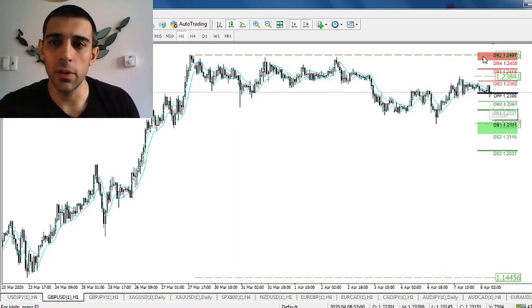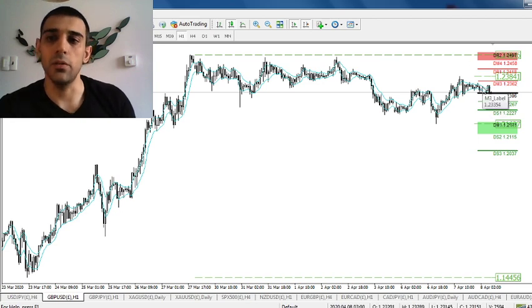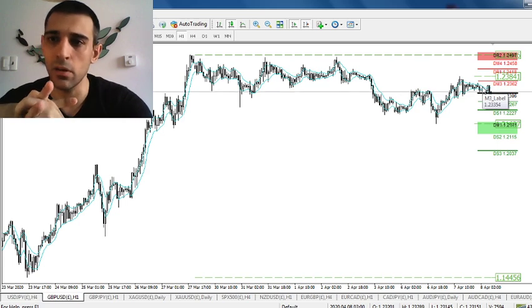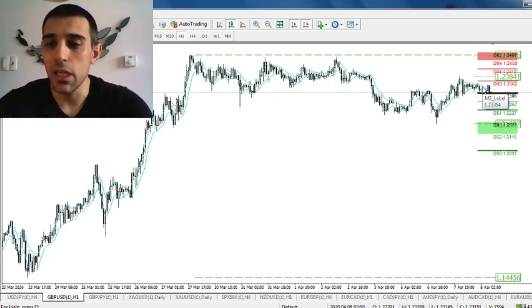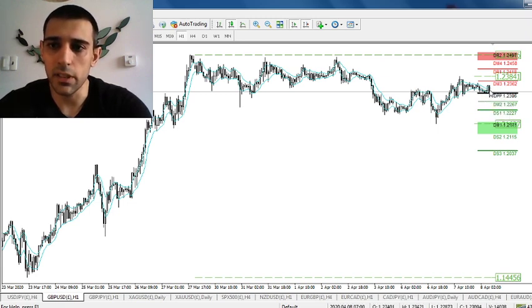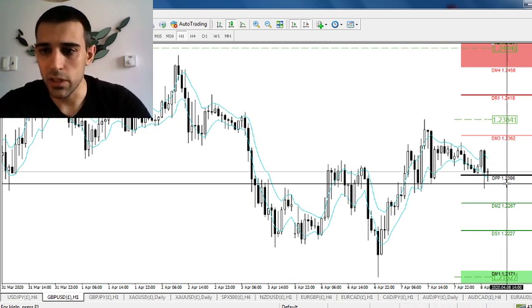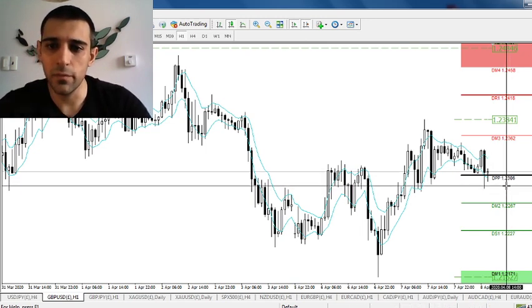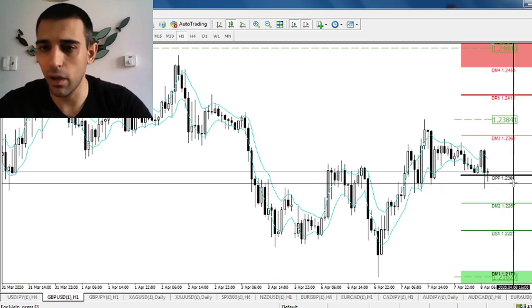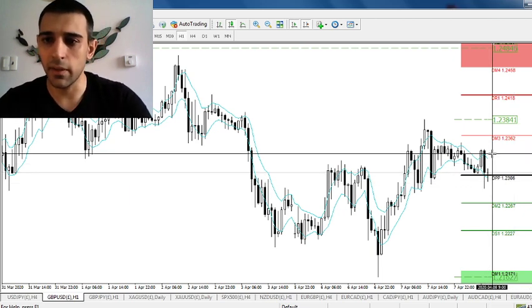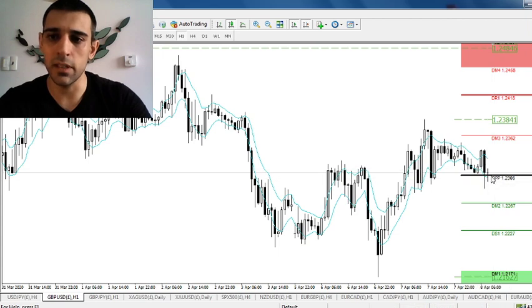Then I'll be looking to go to the long side if it demonstrates enough strength, but for now it doesn't look that good. Early in the last hour, as I mentioned, it was looking good because it was nice and strong on the bearish side, because this candle was down here. I watched it about 15 minutes before going live. Then when I checked back, the candle had just closed above this daily pivot.